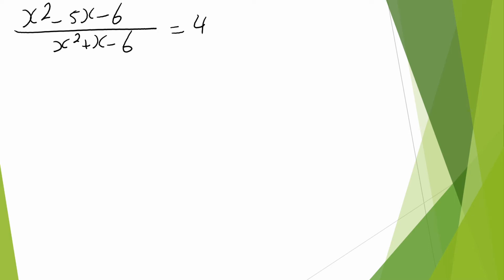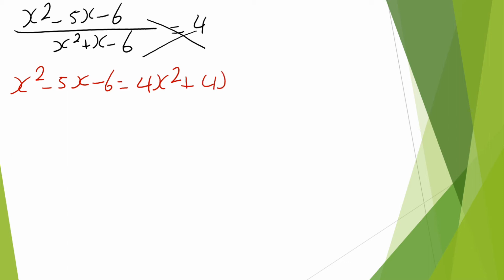So that means we will have to cross multiply first to get rid of the denominator. So we will do cross multiply. That's where you end up with this. Okay, so we'll just minus 24.